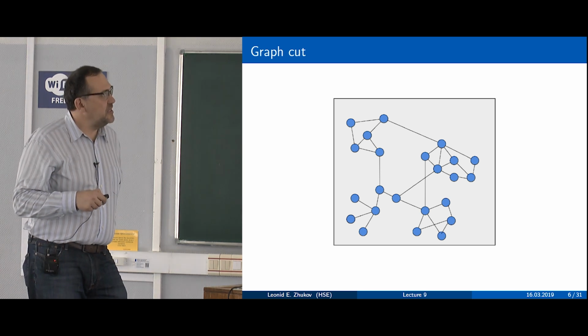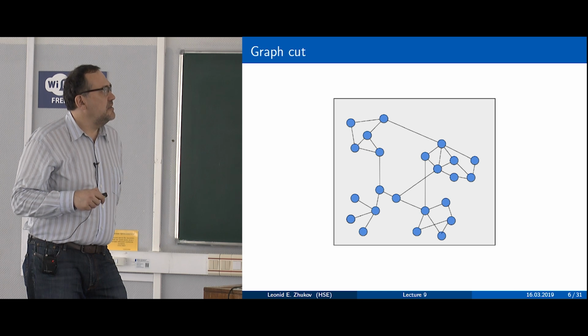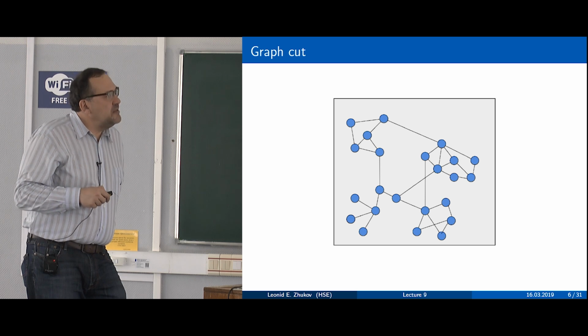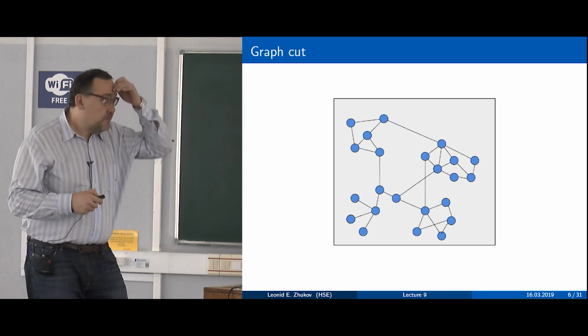So what you're saying is this. I want to remove edges in such a way that the graph will split into 2 pieces. And I want to find those edges that overall will consist of the smallest number of edges I need to cut. I mean, this is a metric. And we're going to see how it works, right?